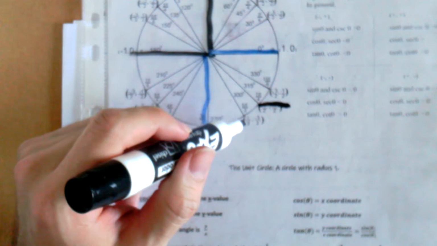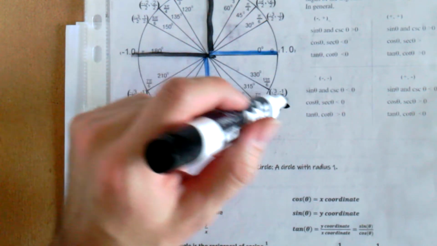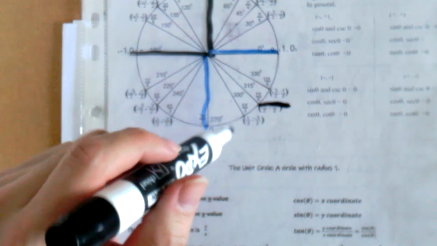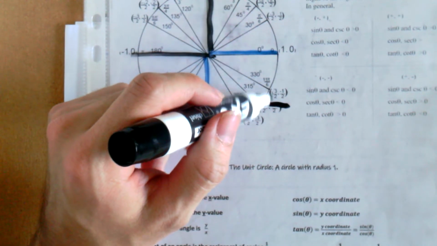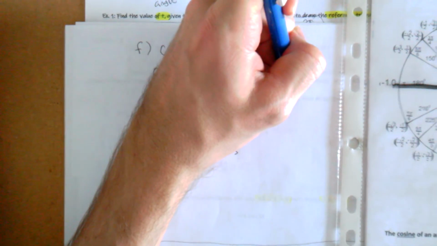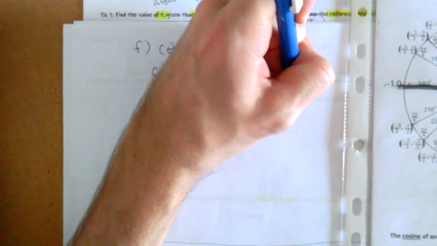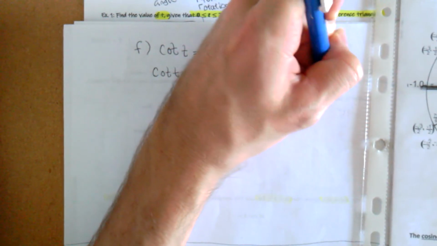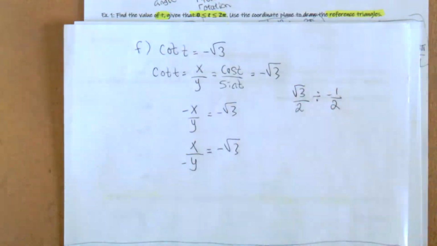So then we just have to figure out which one it is between 300 and 330 degrees over here. So if we divide the square root of 3 over 2 by negative 1/2, let's see if we get negative square root of 3. So let's divide square root of 3 over 2 by negative 1/2 and see what we get.